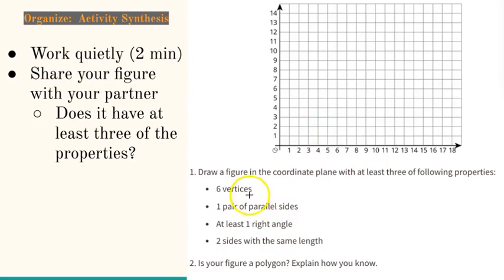So if I'm going to draw a figure with 6 vertices, one pair of parallel sides, at least one right angle, and 2 of the sides the same length, I've got to have at least 3 of those properties. You could do this pretty easily on your own.